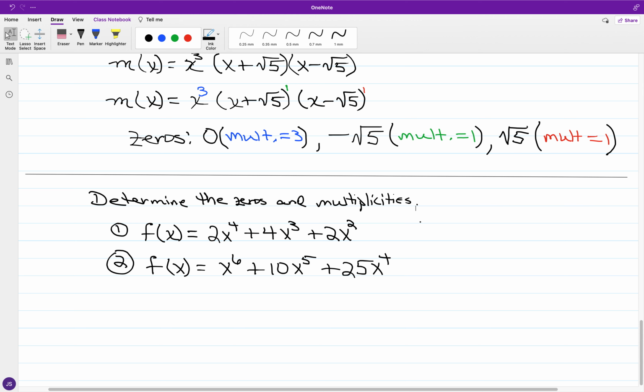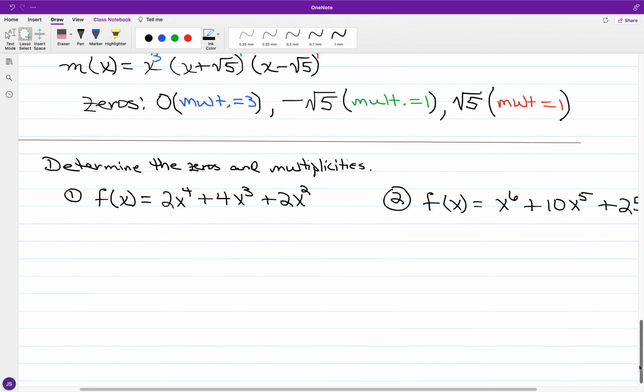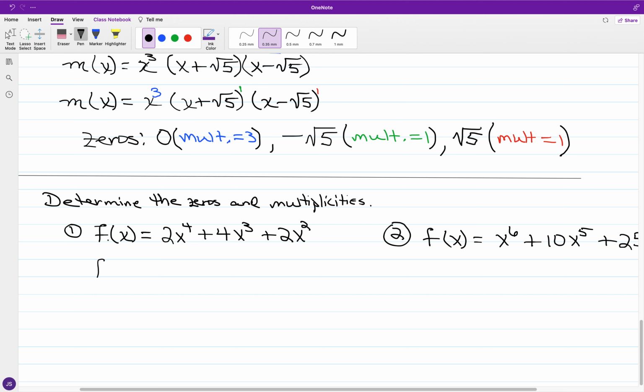Okay, so looking at these polynomials. First, we have f of x is equal to 2x to the 4th plus 4x cubed, followed by 2x squared. If we look at factoring, you have the greatest common factor in the mix.